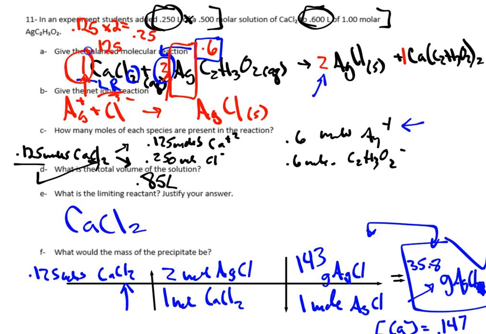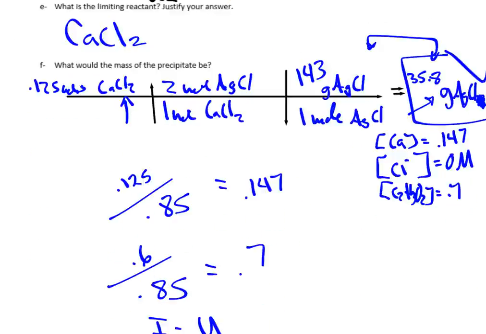Because it's a 1 to 2 ratio. So no matter what I put here, I will double it, and it will be that every single time. Okay, so that means if I have 0.125 moles of limiting, I will use 0.25 moles of my excess because I use 2 to every 1.